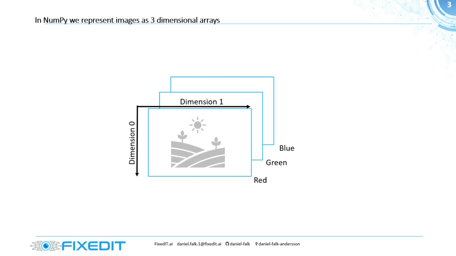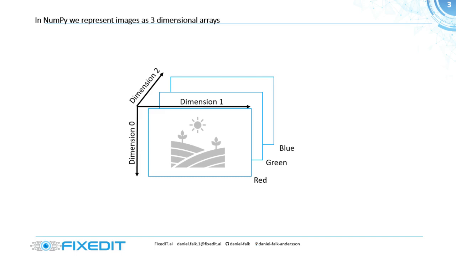So this goes from index 0 to the left to index width -1 to the very right in the image. And finally, we have the channels, which is the third dimension, or dimension 2. And here we have index 0 for red, index 1 for green, and index 2 for blue.